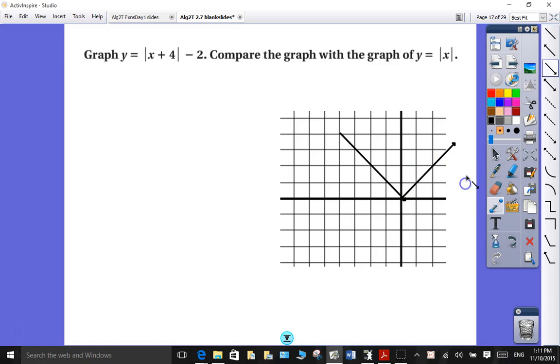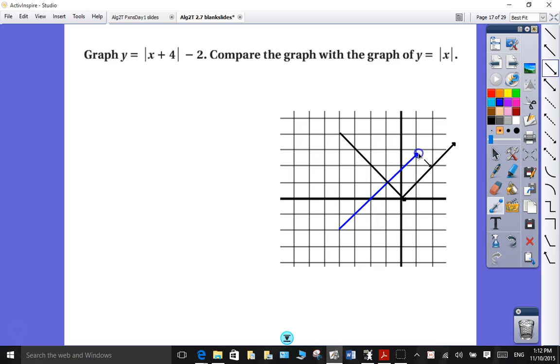Now, what are the shifts that you see in this function? Plus 4 inside means left 4. Minus 2 outside means down 2. Is it going to open up or down? It's a V, so it's a V that opens up. It's 4 left, 2 down.